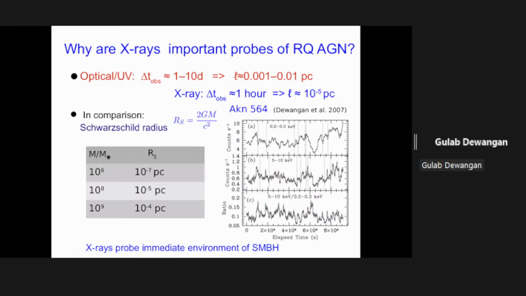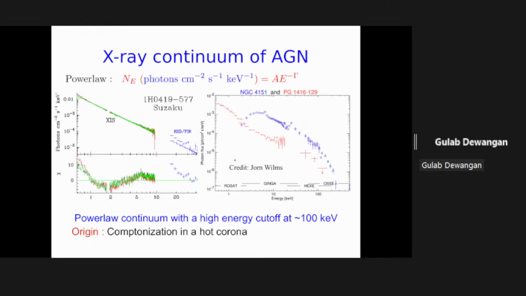That tells us that the size scale of the emission region is very, very compact, comparable to the size of the Schwarzschild radius. Because of this, we think that X-rays are actually arising from the immediate environment of supermassive black holes. Therefore, if we want to probe the innermost regions around a supermassive black hole, we need to use X-ray emission from these AGNs.